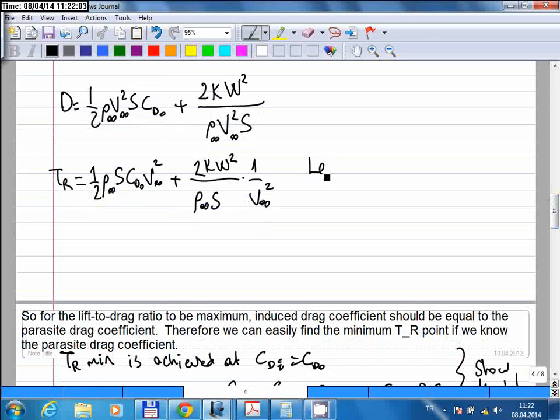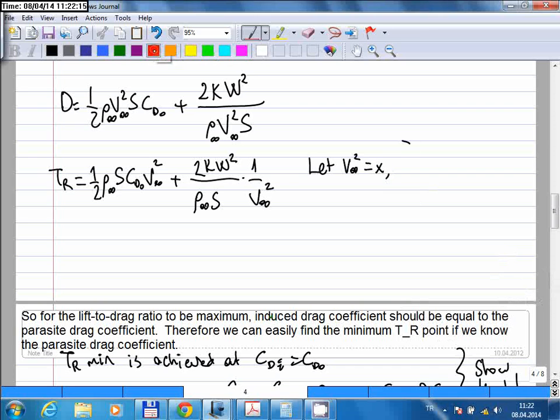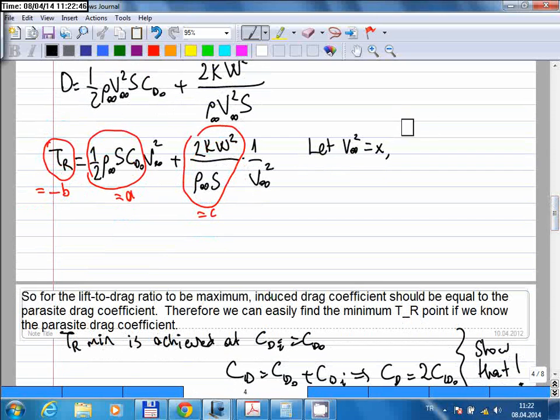Let me call V infinity squared X, and let me call this A, little a, and let me call this TR minus B, and let me call this part C. Now you will soon understand why I call them that.